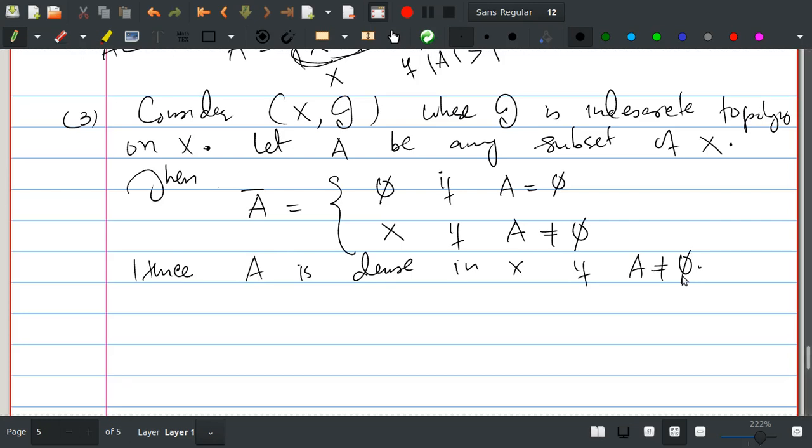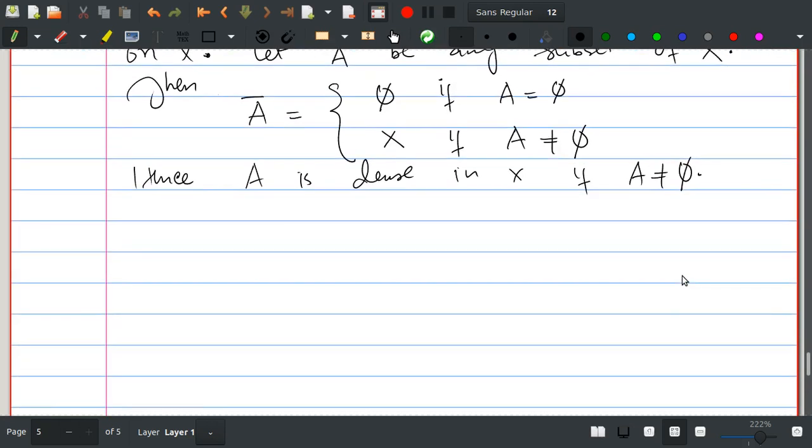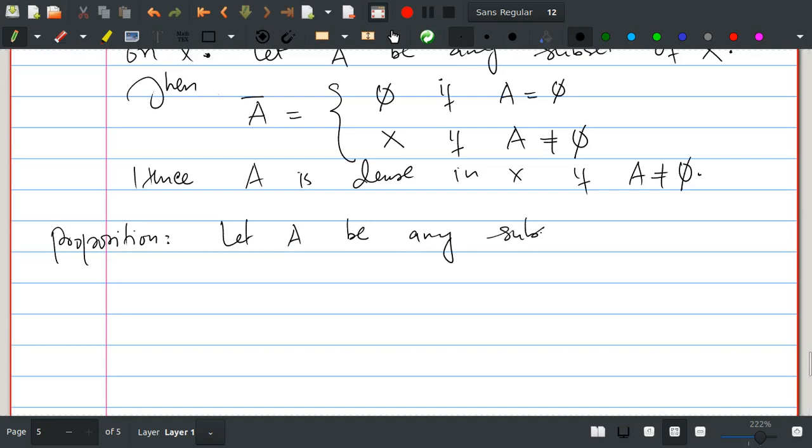Now let us characterize the dense subsets in a topological space. So this is the characterization of these dense subsets. So let A be any subset of a topological space, say (X, T).